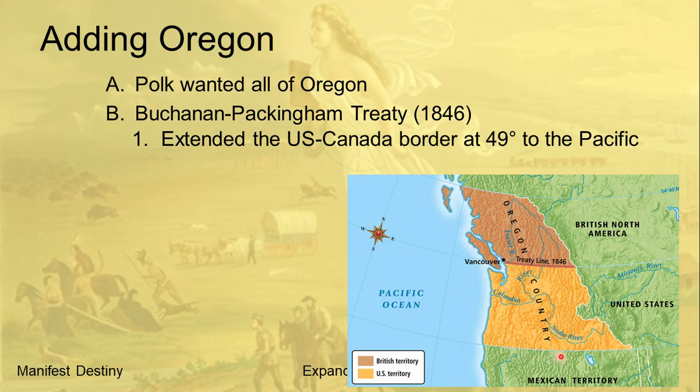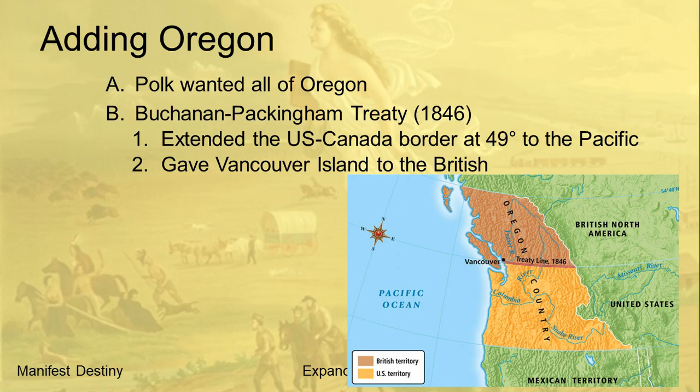Okay? The British had claimed all the way down here to California. We claimed all the way up here. This, by the way, is Alaska right up in here, if you can see that. We already have this nice little 49-degree line running right across the territory, so the decision is made just to extend the line.